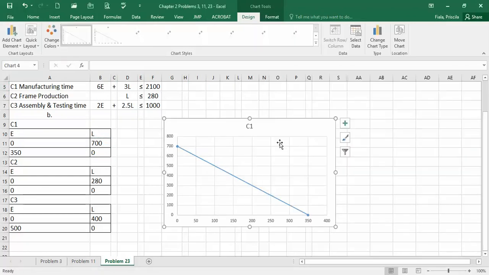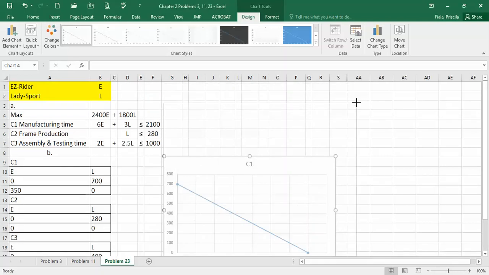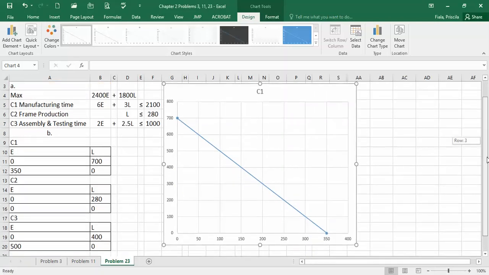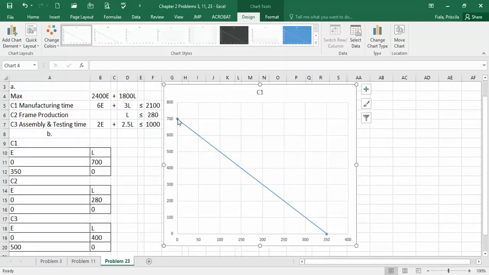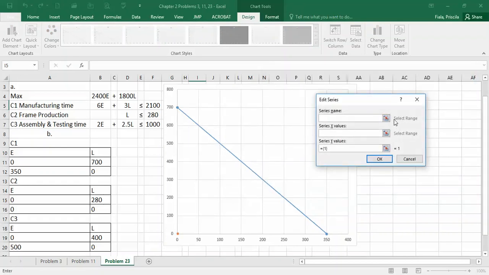And you're going to notice our first line of our graph, which right here 0, 700, and right here 350 and 0. For the second line, we're going to stay here, select the data, and add.